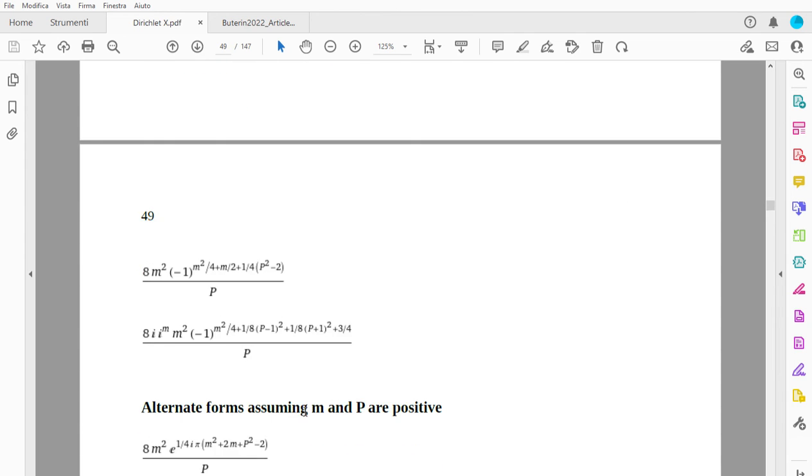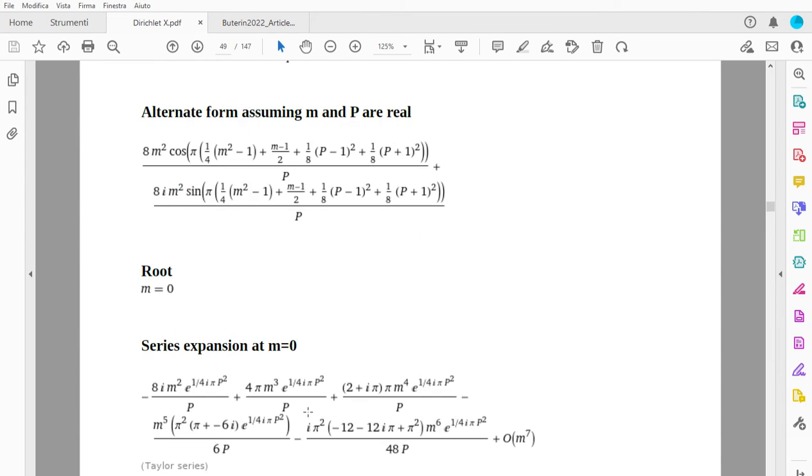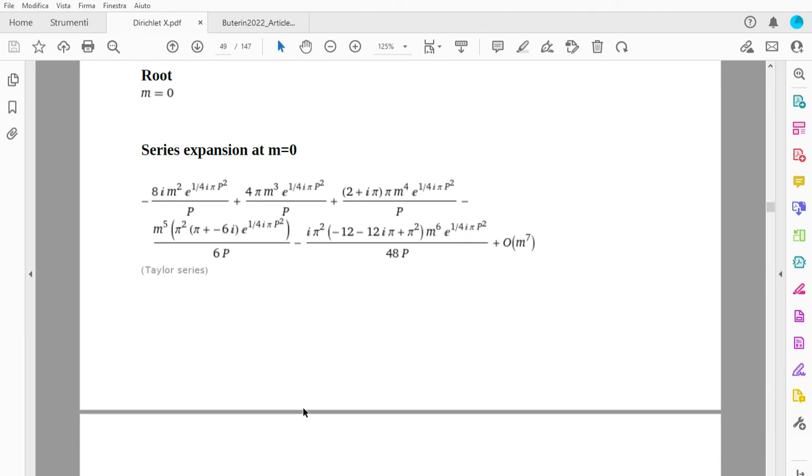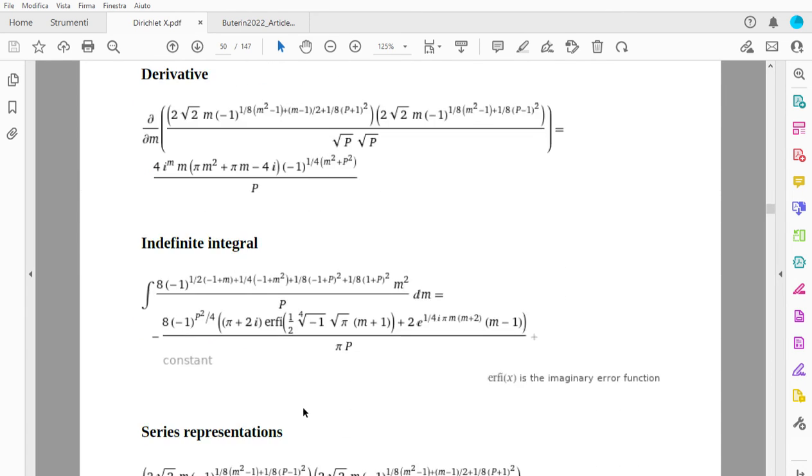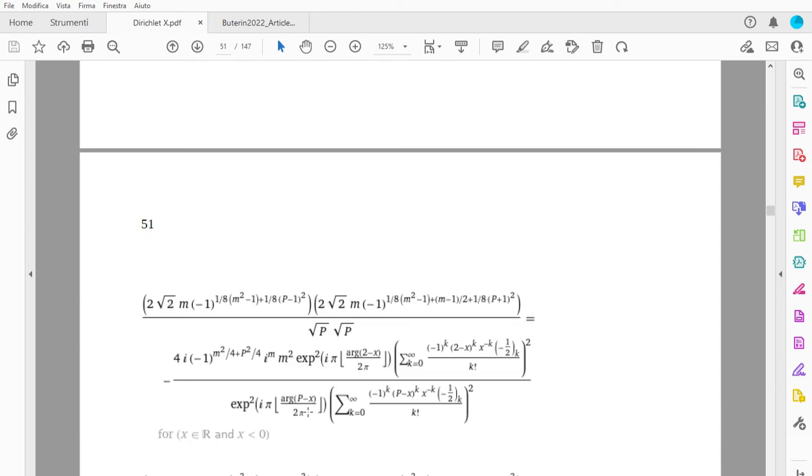Also here, alternate forms, series expansions at m equal to 0, series expansion at m equal to infinity, derivative, indefinite integral, and so.